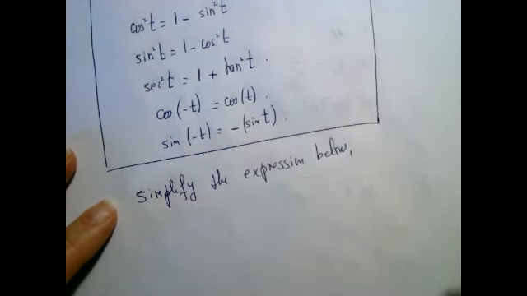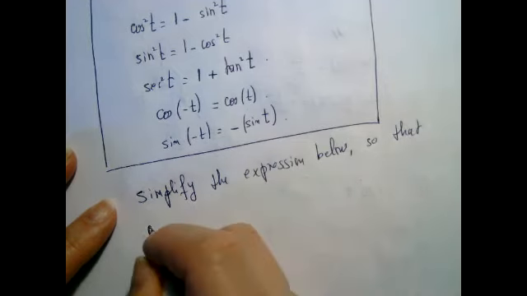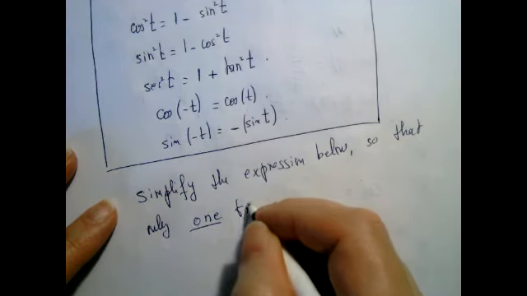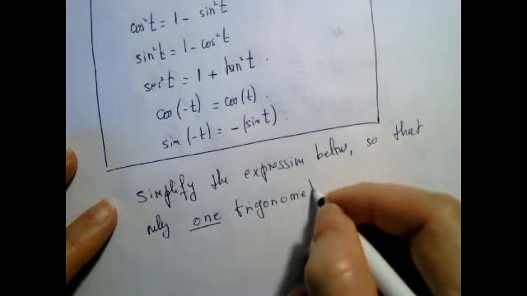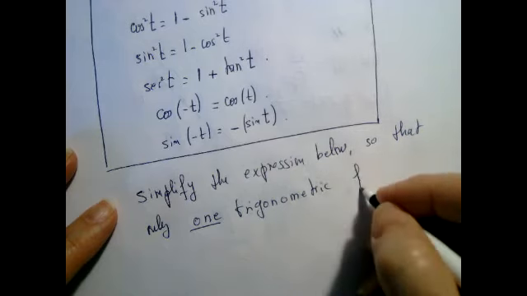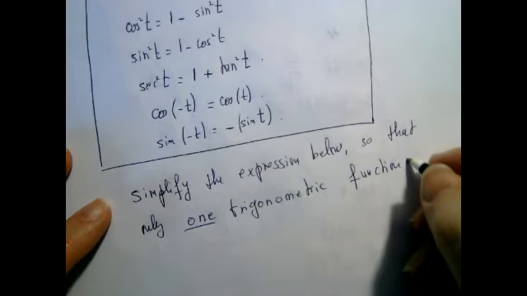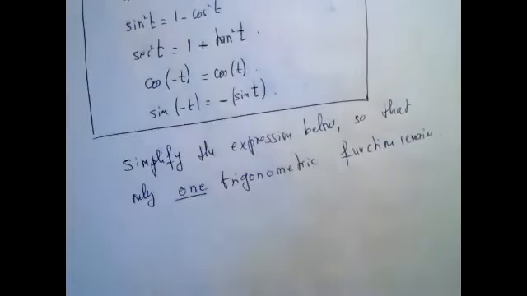And I have to give you guidelines so that only one trigonometric function remains. That means I want you to practice those identities. So at the end, I only have one trigonometric function, not two.